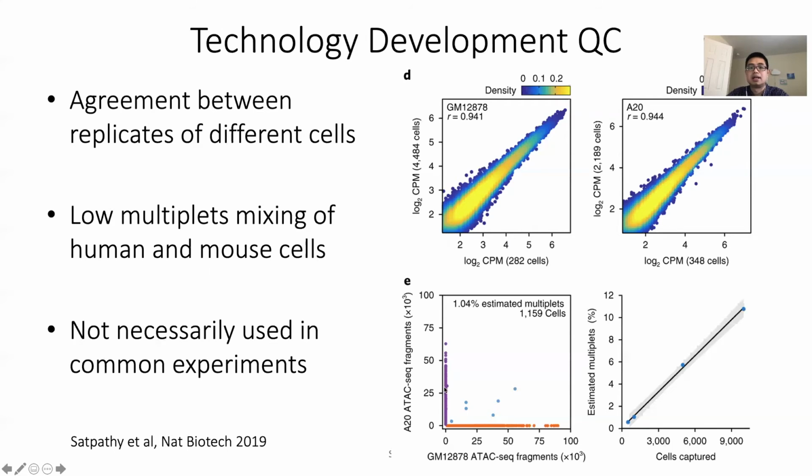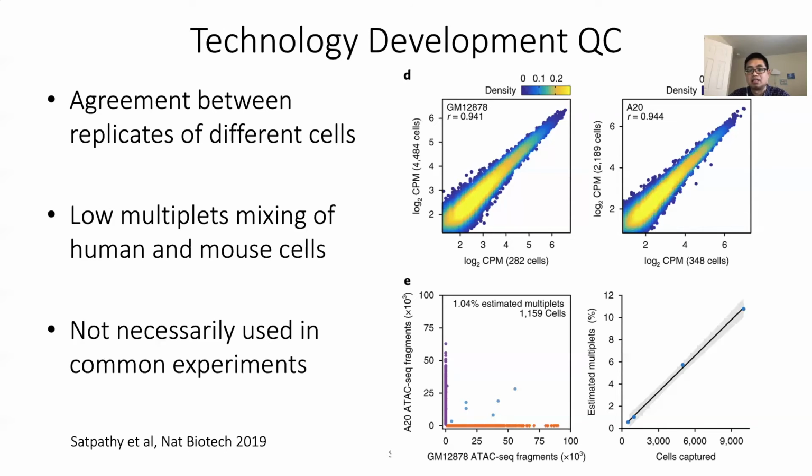This is another Barnyard experiment in which we have mixed mouse and human cells, just like in single-cell RNA-seq, as introduced in the last lectures. A20 is a mouse cell line, and GM12878 is a human cell line.